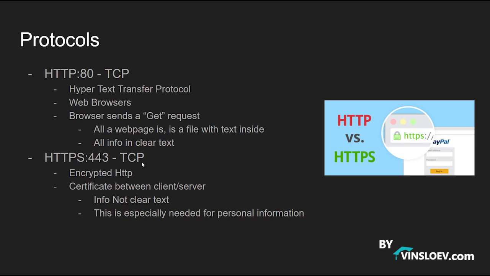And as mentioned, this is the standard when using banking services or any other service that has personal information. So that is why it's so important to look for this HTTPS and this little lock in the corner, because then you know that at least the certificate between you and the server has been signed and that the communication should be somewhat encrypted.